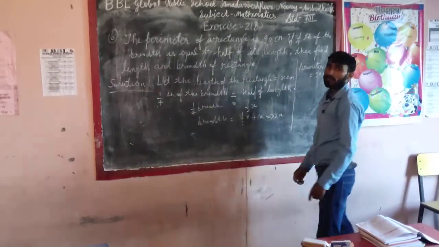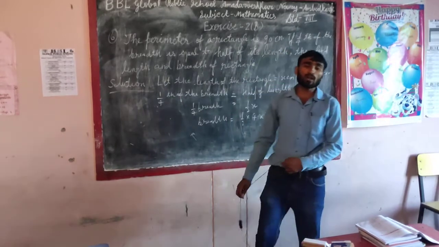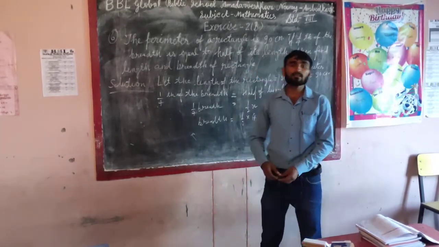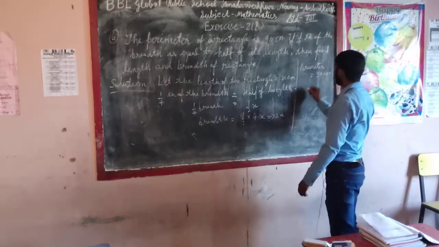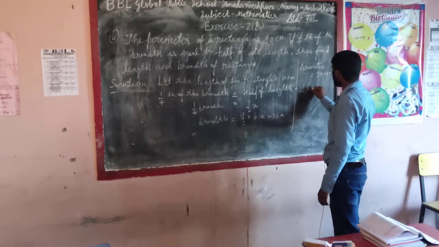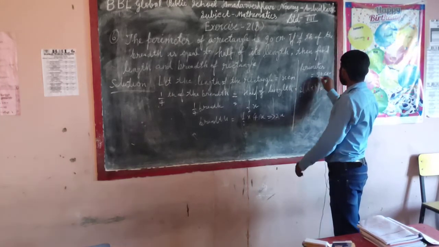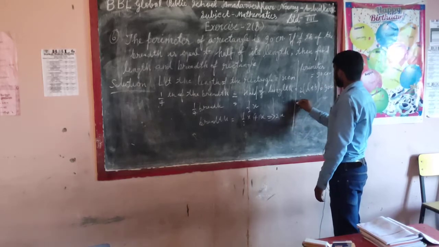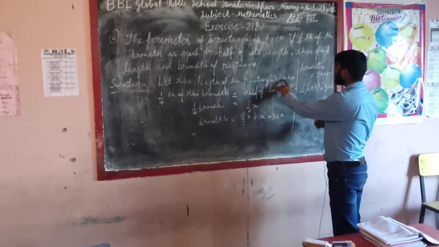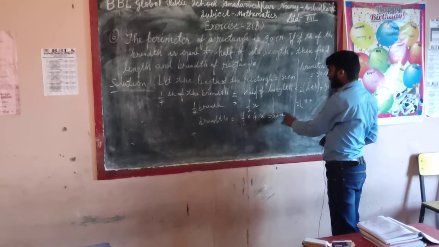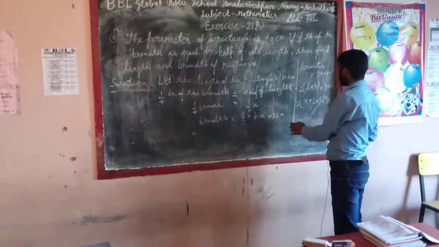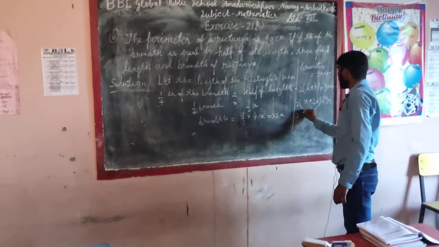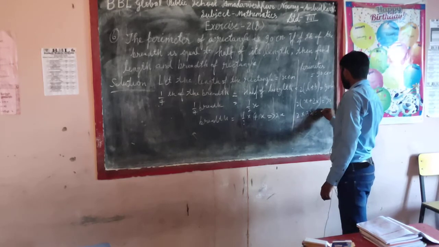You know very well the formula for the perimeter of a rectangle is 2 into (length plus breadth). 2 into (x plus 2x) is equal to 90 centimeter. 2x plus x will be 3x. 2 into 3x is equal to 90.